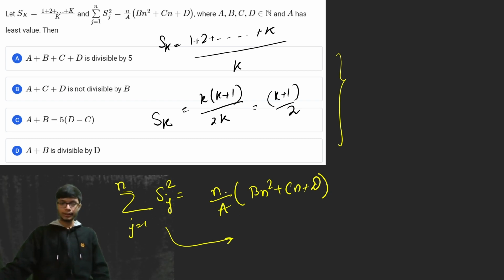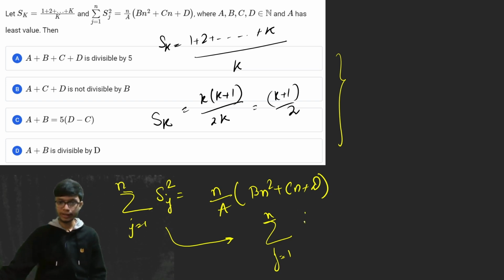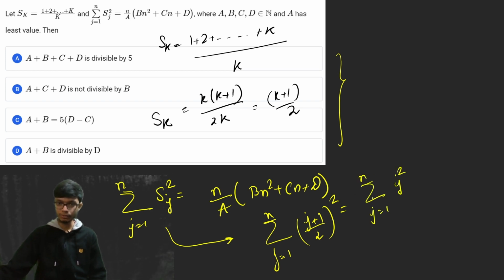So I can approach this particular problem like this. The summation of j from 1 to n, S_j is (j plus 1) by 2, so that will be ((j plus 1) by 2) whole square. This will be the summation of j from 1 to n. If you take 1 by 4 common out of here, because it is a constant term, it will come out of the summation, that is j square plus 2 times j plus 1.